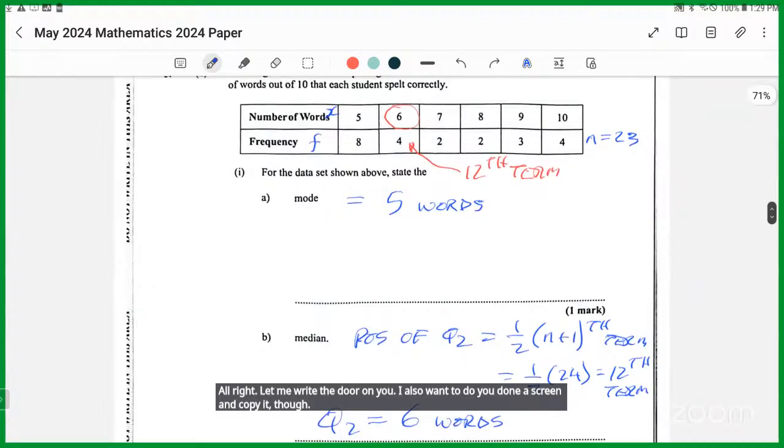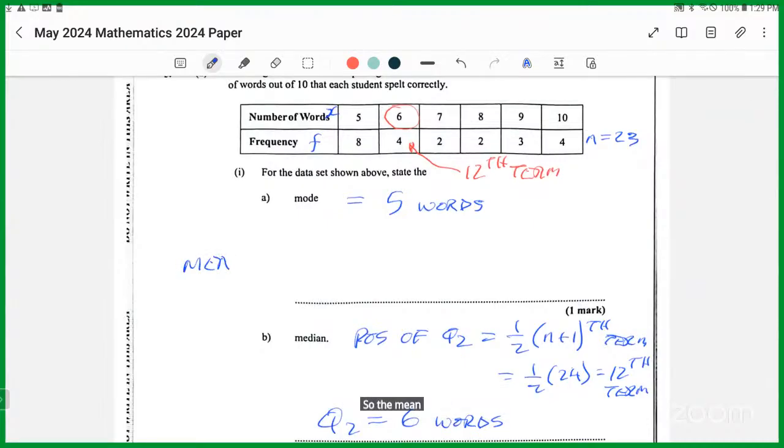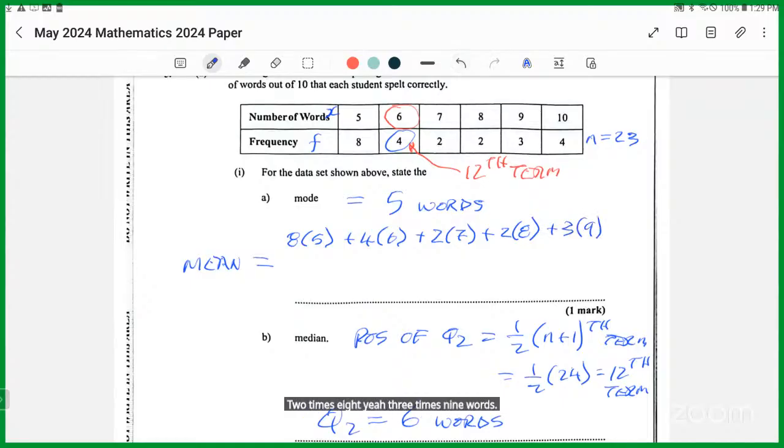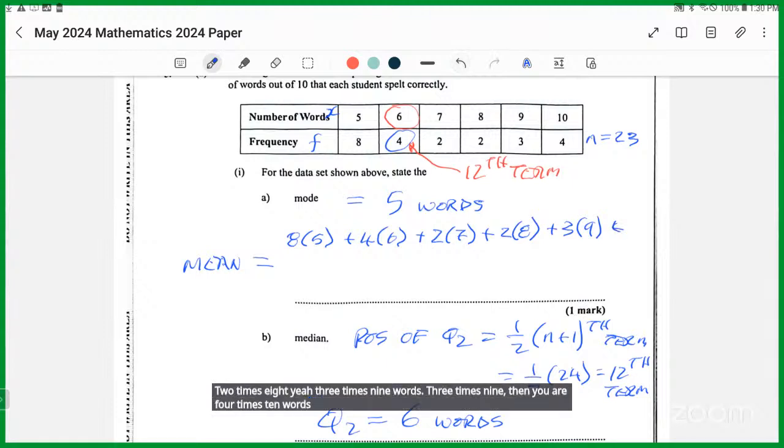So the mean will be equal to 8 times 5 words, plus 4 times 6 words, plus 2 times 7 words, plus 2 times 8 words, plus 3 times 9 words, plus 4 times 10 words. I divide that by the total number of persons.